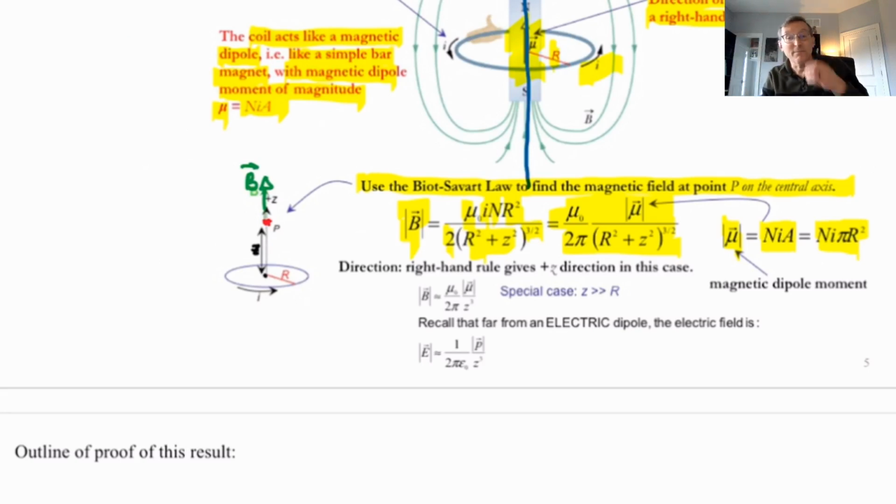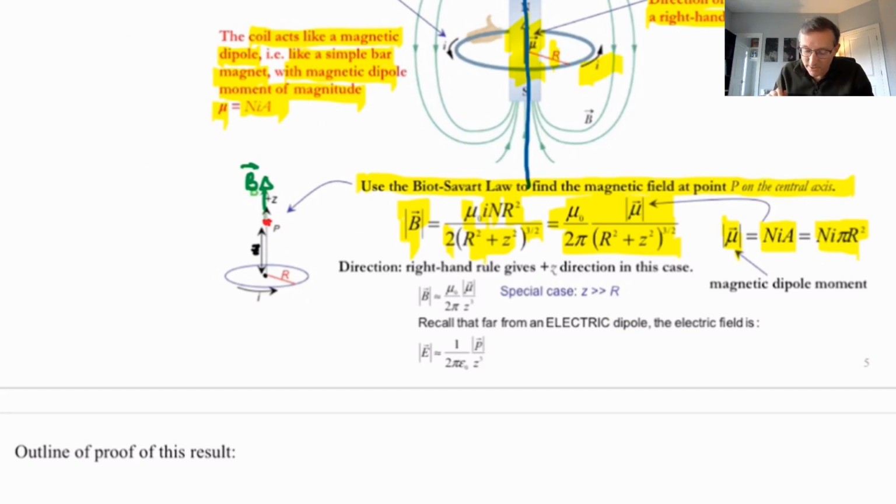That's what I'm going to derive. But anytime we need to find the magnetic field on the central perpendicular axis of a loop with N windings, we can go straight to this formula. We don't have to rederive it. Once we do, we can just use this result.